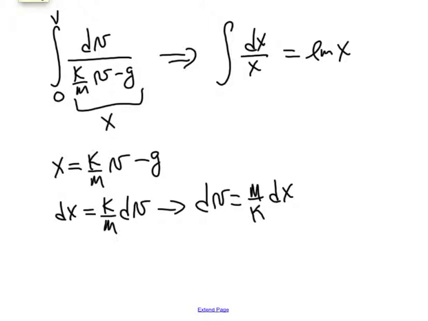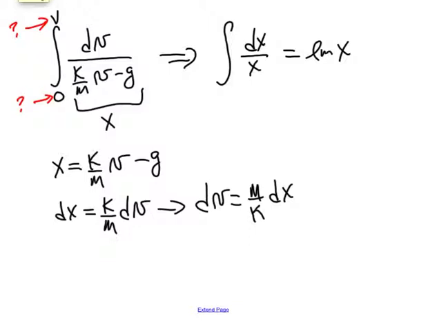Now what I want to do is, if I'm going to rewrite this integration in terms of x rather than v, I need to also evaluate what is x at the limits of integration. Namely, when v equals 0, what is x? And when v equals, well, v, what is x?